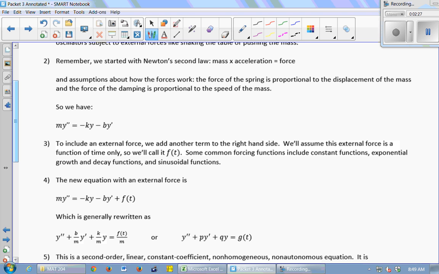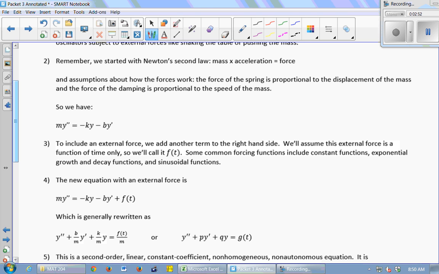So that's where our ky comes from. And then the damping is proportional to the speed of the mass, right? Because the faster it's moving, the more friction, the more damping we have. So the speed of the mass we represent with y prime, the derivative of position. So we have a force proportional to velocity.